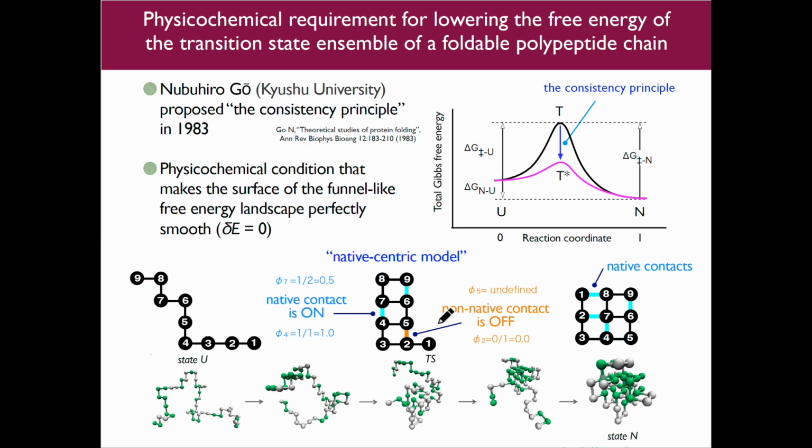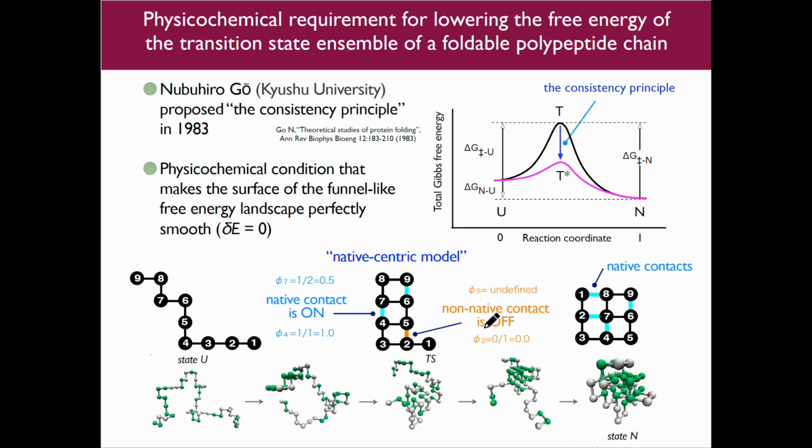And when we see the transition state here, for one example structure, these cyan non-bonded interactions are seen in native contacts, in native structures. So this native contact is on, active to stabilize this structure. And in contrast, this orange contact is a non-native contact. This is off, inactive during this simulation.